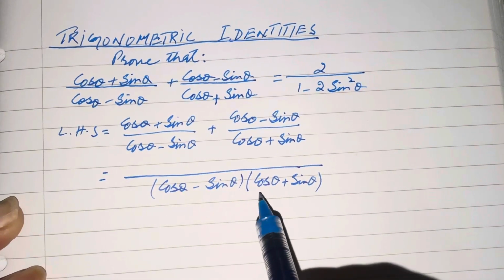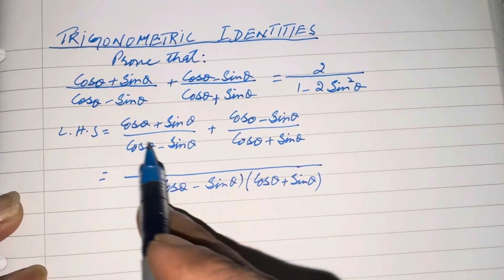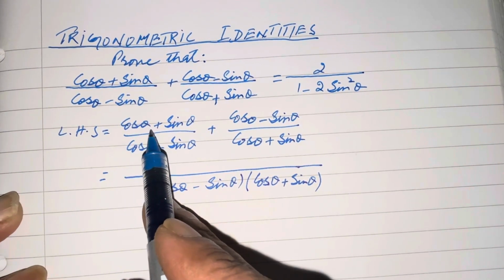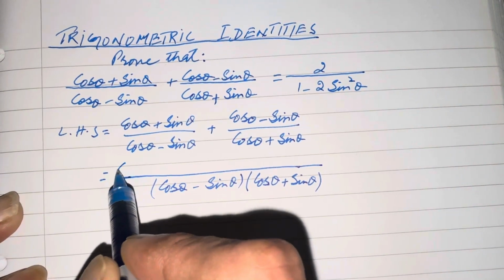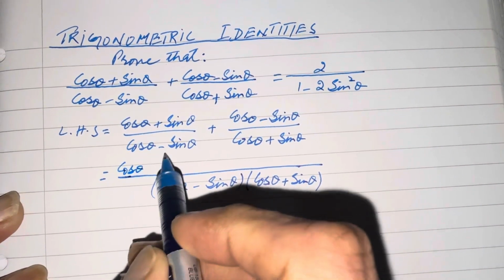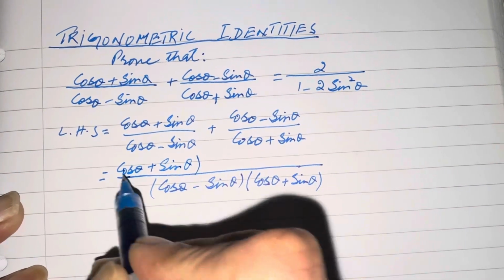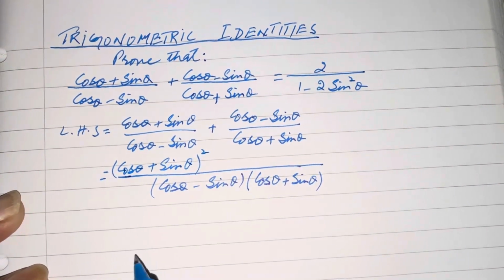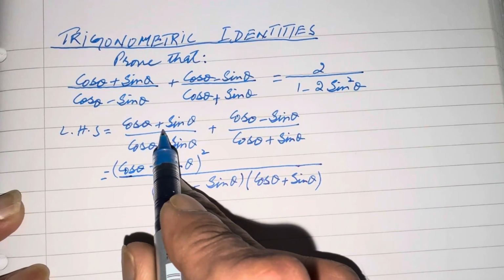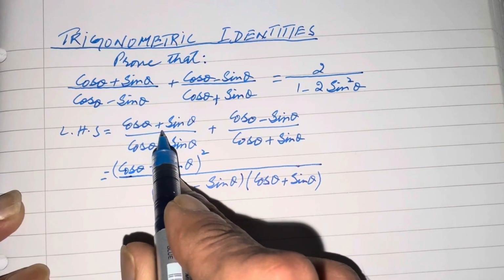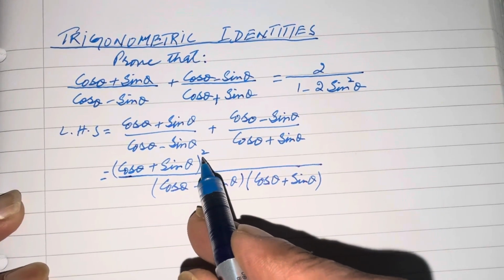So cos theta plus sine theta will be multiplied by cos theta plus sine theta, so that can be written as cos theta plus sine theta whole square, because these are two same things multiplying with each other, and they will become in the squared form.